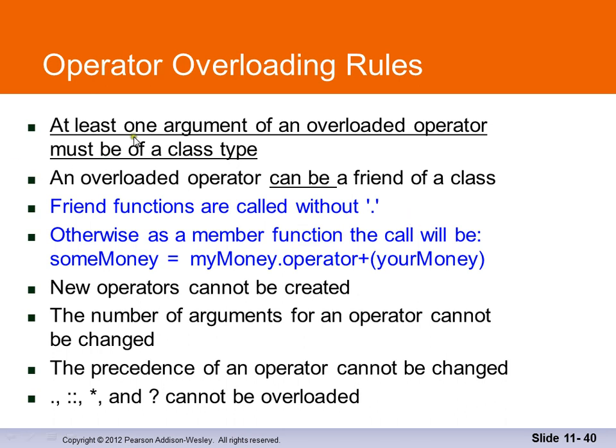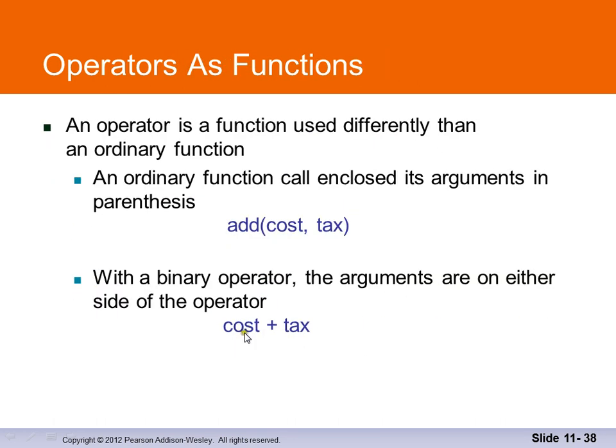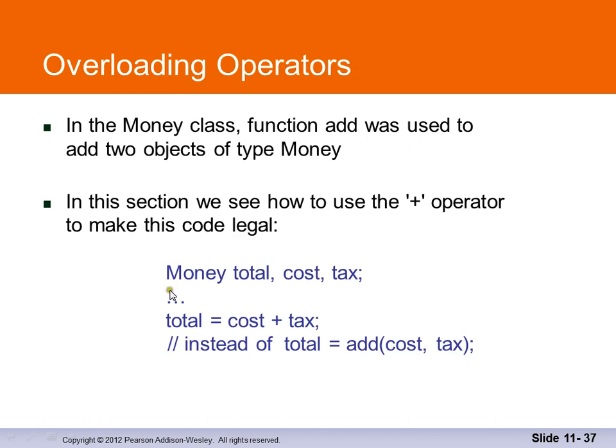Then it says that at least one argument of the overloaded operator must be of a class type. Cost is of type money. It's a class type, right? Tax is of type money, it's a class type. If we go back over here, can we say total is equal to cost plus 100?